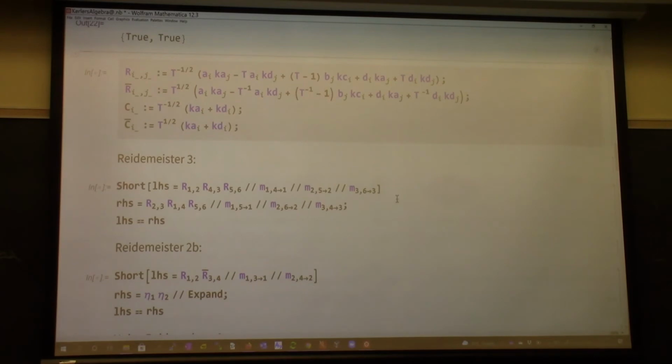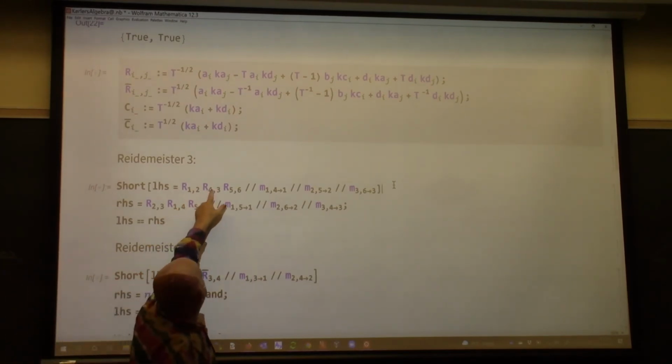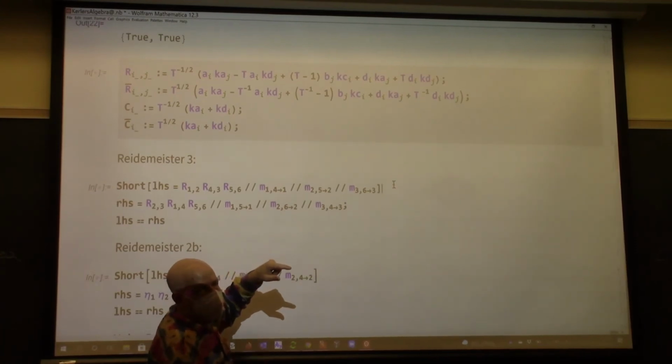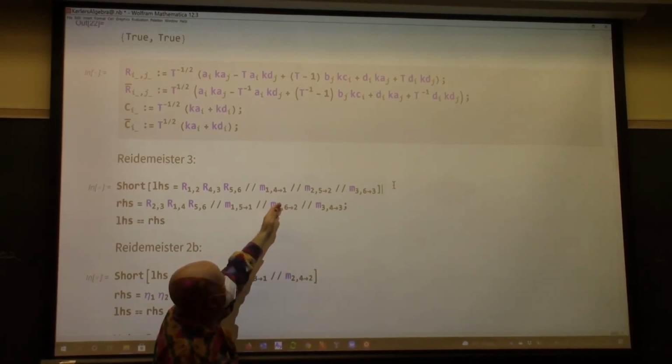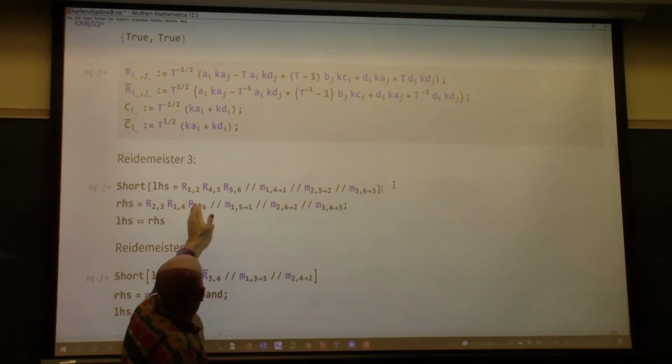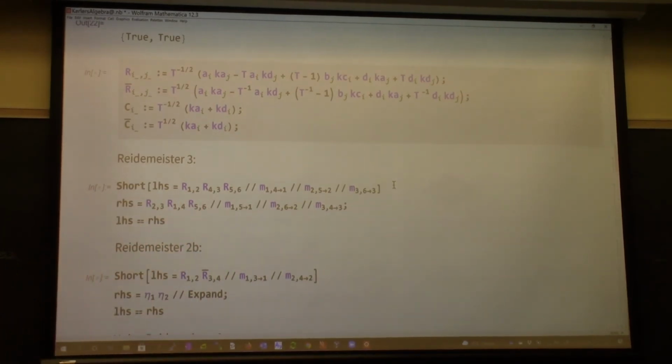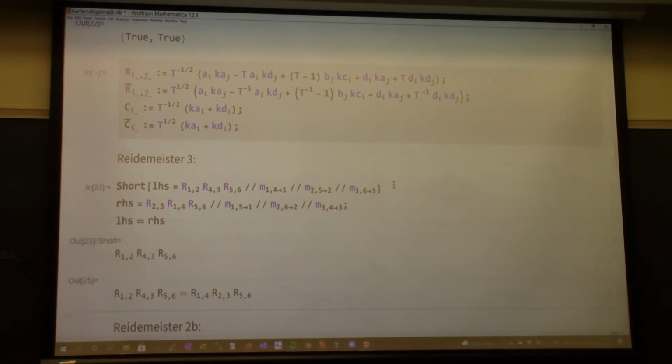So Reidemeister 3 is actually not interesting because it's identical to Reidemeister 3 in situations we've seen before. So you multiply 3 R matrices and you contract the tensor factors in the right way in two different ways, and hopefully you get an equality, and you do.